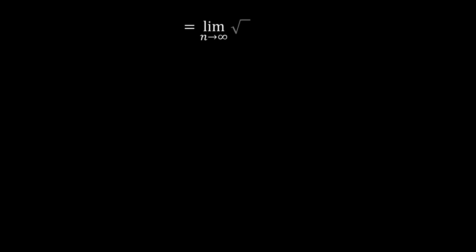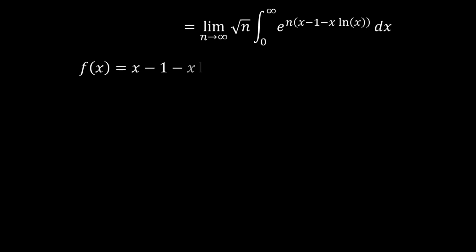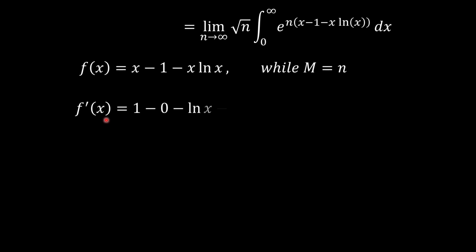So we had that integral problem, and now our f(x) is x minus 1 minus x natural logarithm of x, where capital M equals the small n here. Now the first derivative of f(x) is 1 minus 0 minus natural logarithm of x minus 1, which is negative natural logarithm of x.